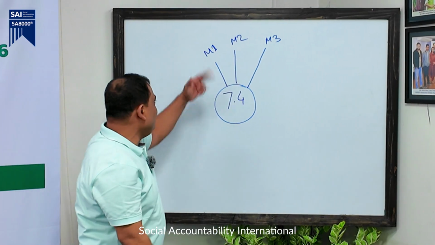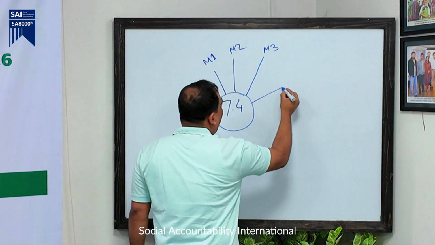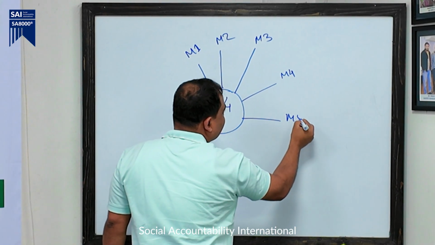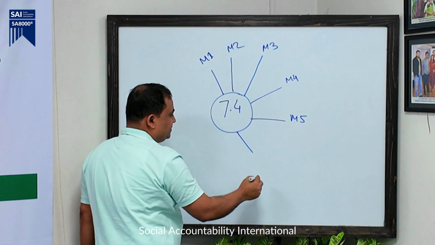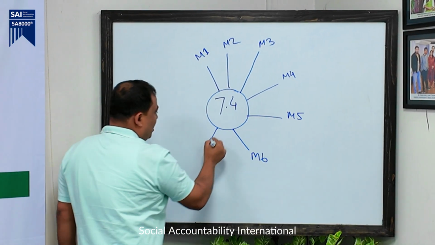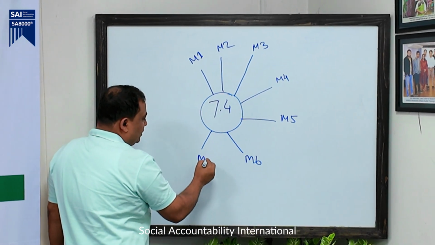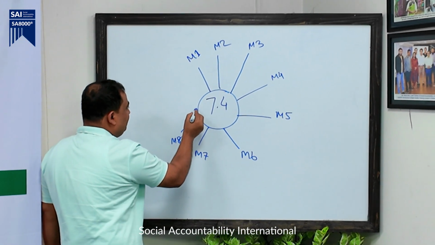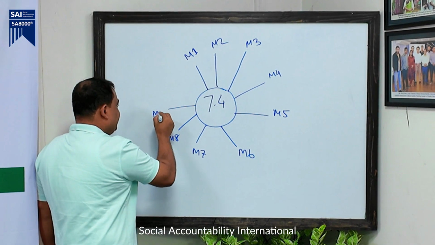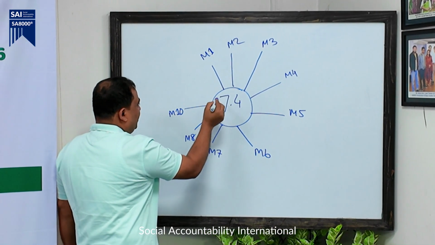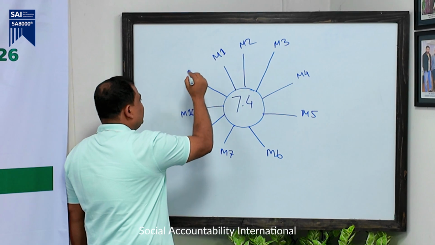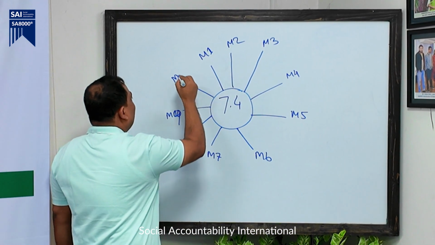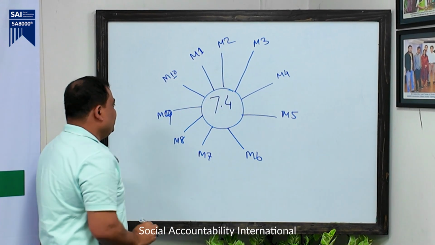As I said, from M1 to M10, all the requirements are applicable for managing business partners. So now I would like to explain how this whole management system is connected with the requirement of business partners management. So these are the 10 clauses.